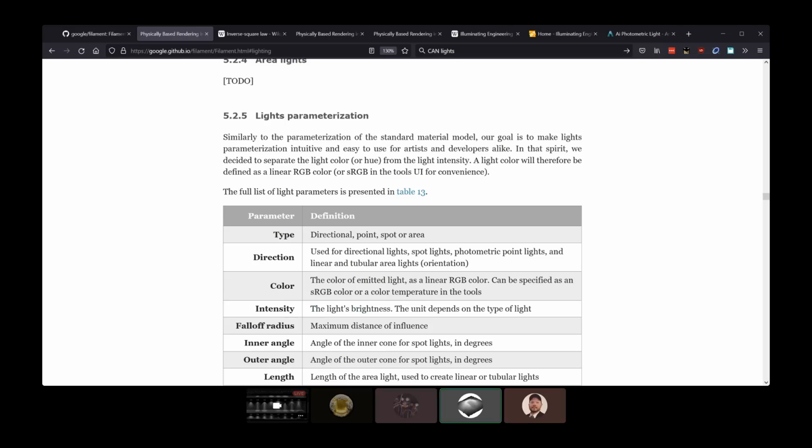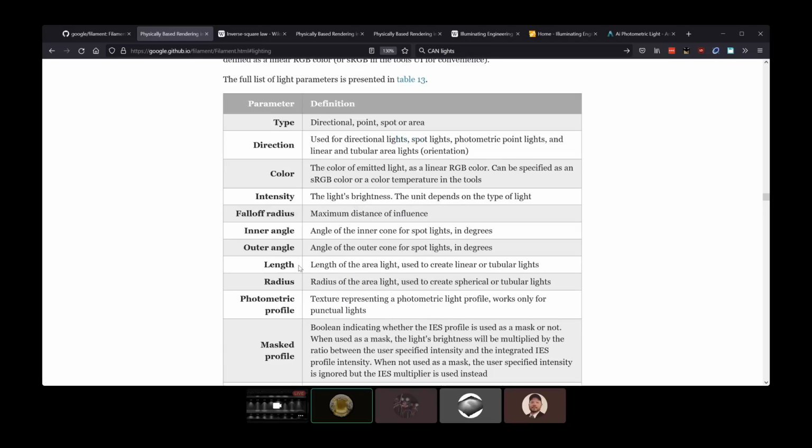Light parameterization. So it's basically all the things we just talked about, but in one reference. So you do get to set the falloff radius. Look at the length and radius parameters. You can make totally tubular lights, dude. Radical.